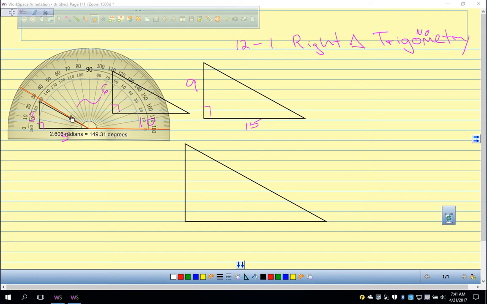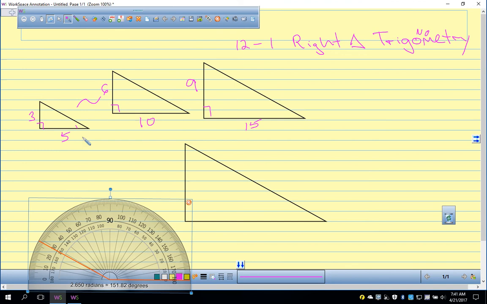So if I move it over here, it says it's about 151 degrees from here to here. So it would be, what, like 29 degrees or something like that? About 29 degrees. So if I measured this angle, I would get approximately 29 degrees. Would this angle also be about 29 degrees? Yes, so all through 29 degrees, 29 degrees.